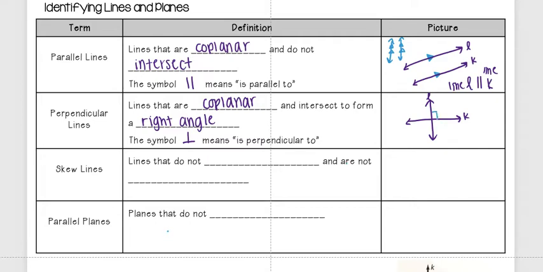So you know that two lines are perpendicular if they intersect and you see that box that represents a right angle. And so I could write line L perpendicular to line K.